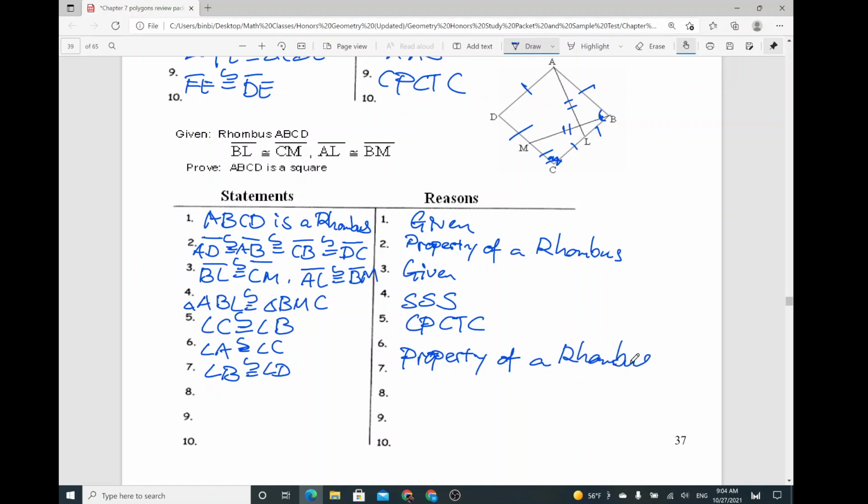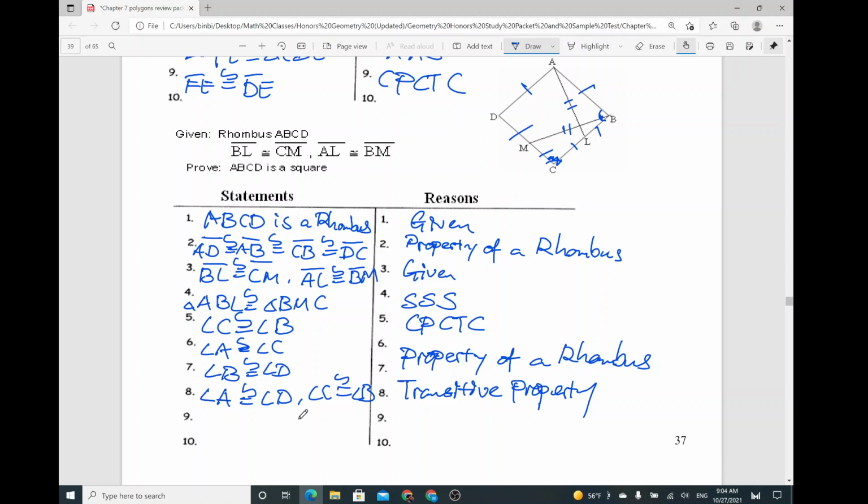So using all that information, we can say that angle A is congruent to angle D, and angle C is congruent to angle B. This one is just by using the transitive property of equality.